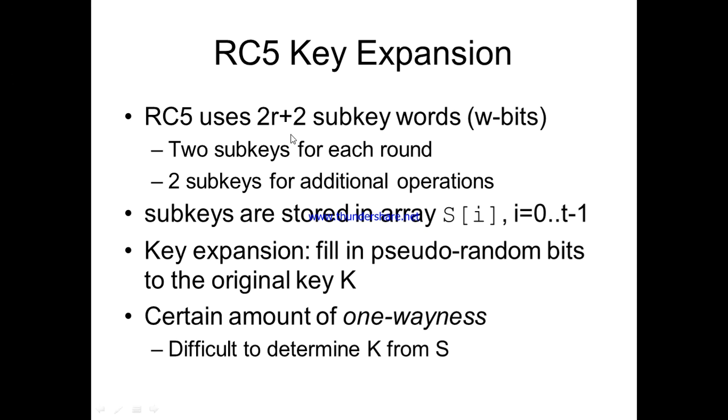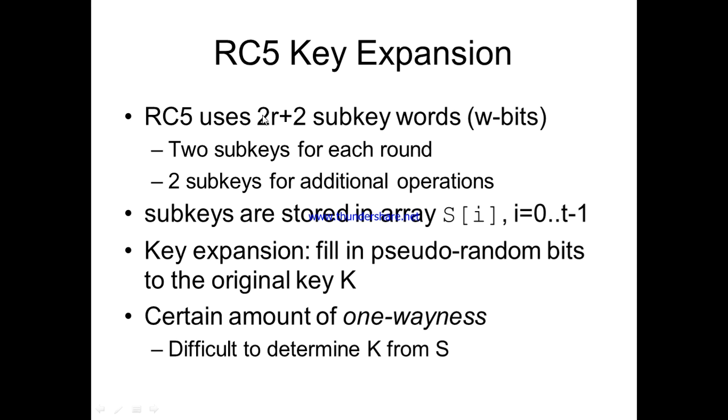Now how it uses this key. RC5 uses 2R plus 2 subkeys. R is the number of rounds, so how many rounds do I require? In each one, 2 subkeys for each round. Clear?